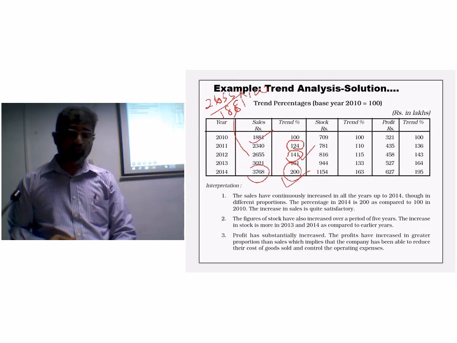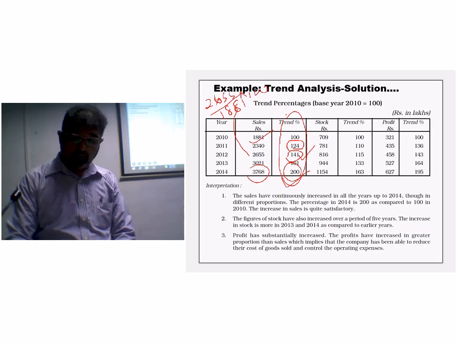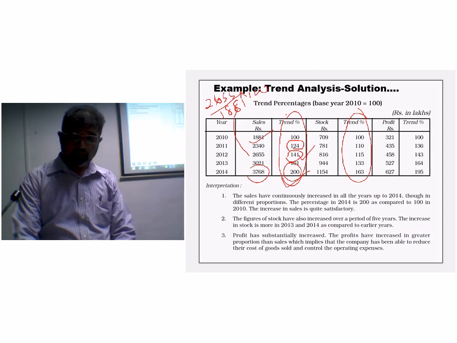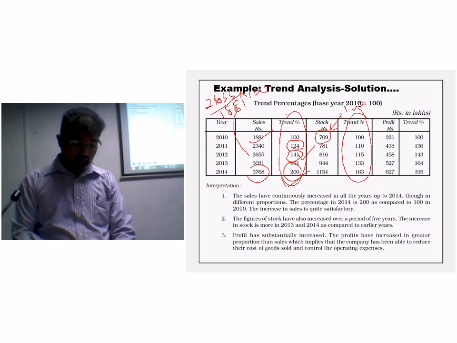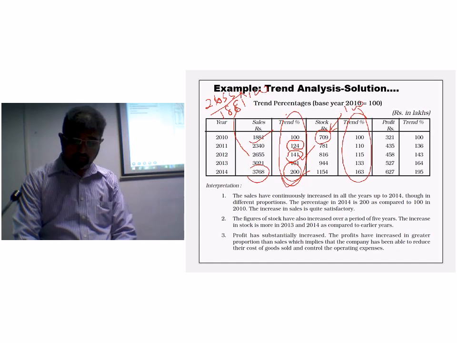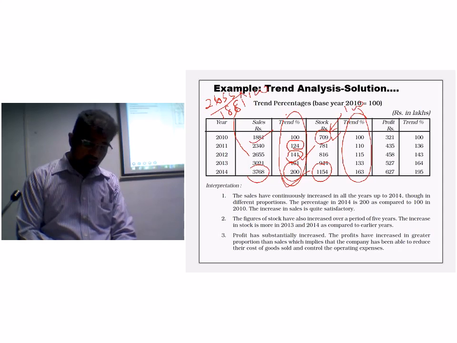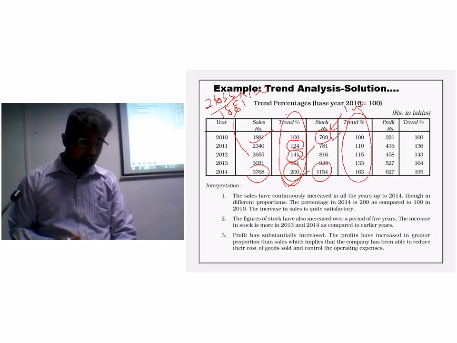Likewise, we can get trend values of sales. Similarly, you can compute the trend value of stocks too, right? For example, this is equal to 100, and that is the base value. If you need to take this value, then you can type 1154 first, then divide by the selected base value 709 into 100.